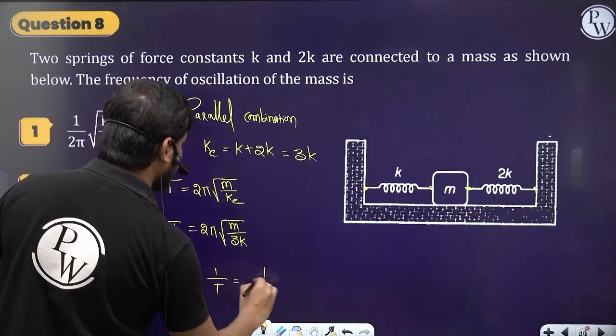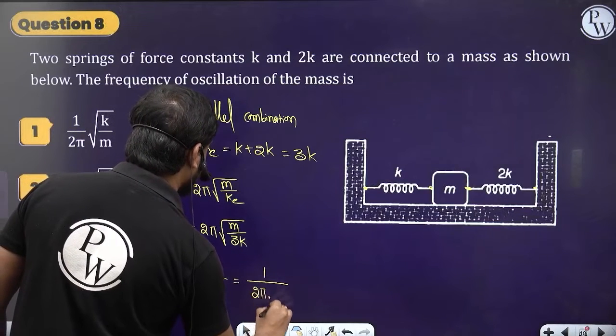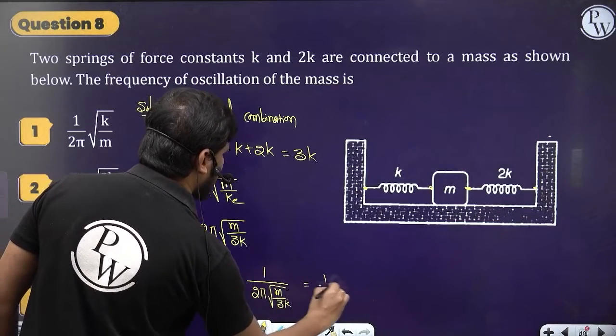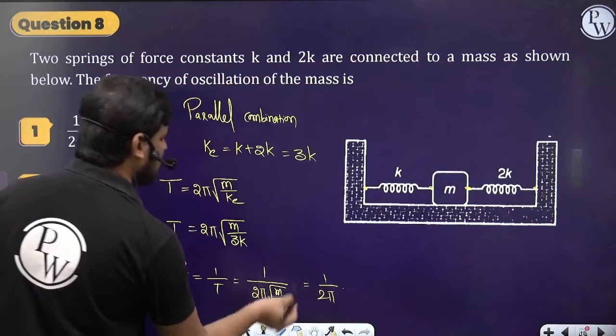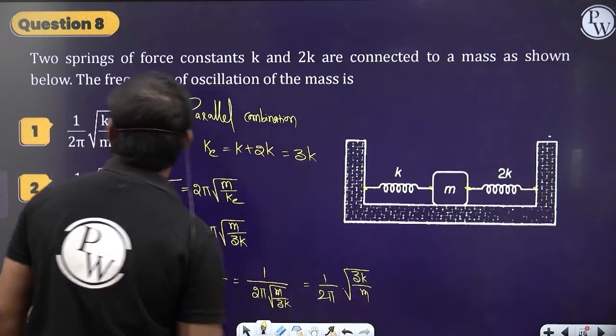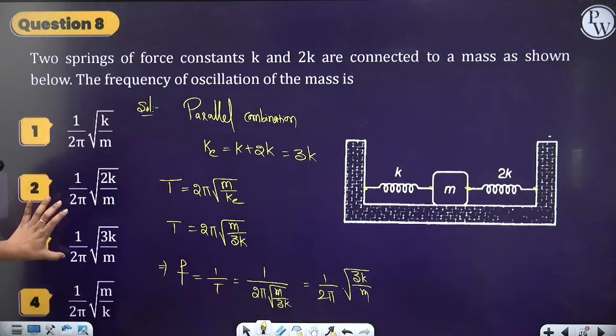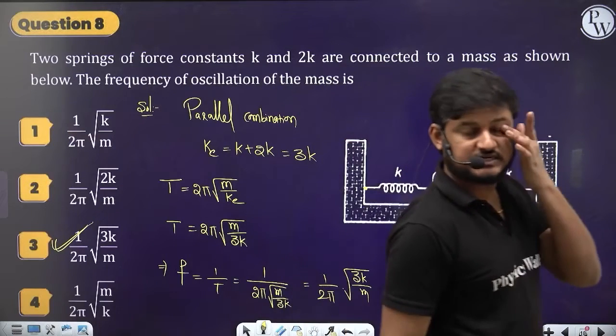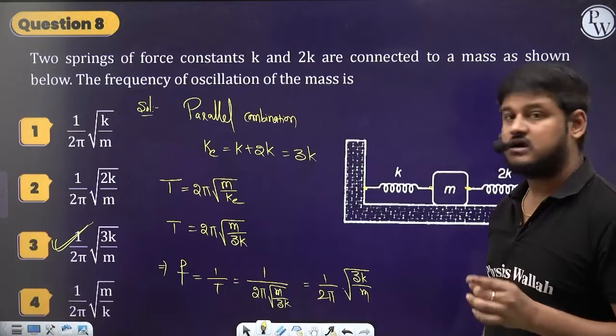So 1 by 2 pi into root over M by 3K, which is nothing but 1 by 2 pi into root over 3K by M. Option 3 is the correct answer, guys. Done? Clear? Chalo.